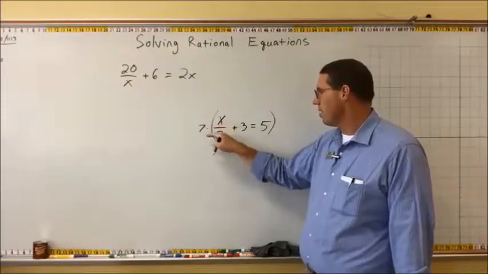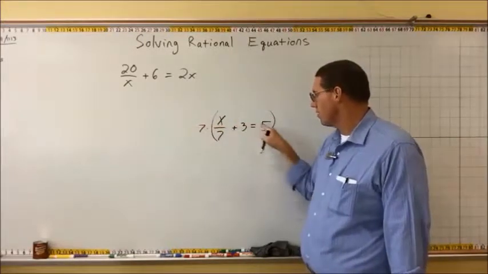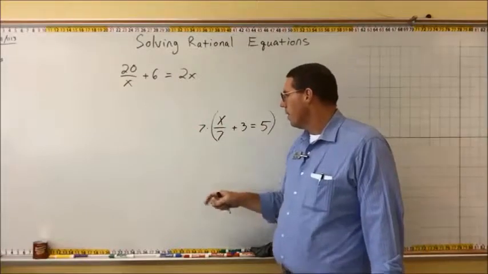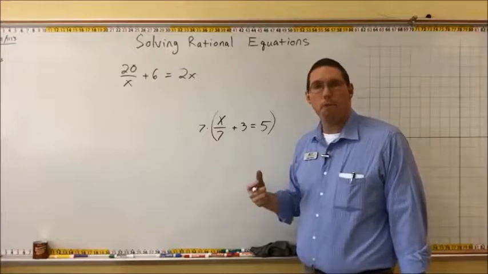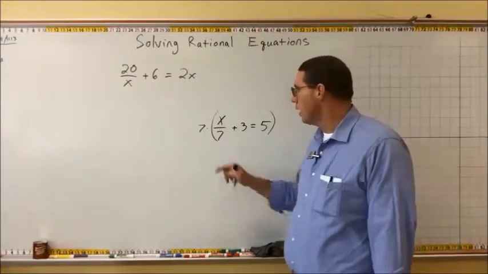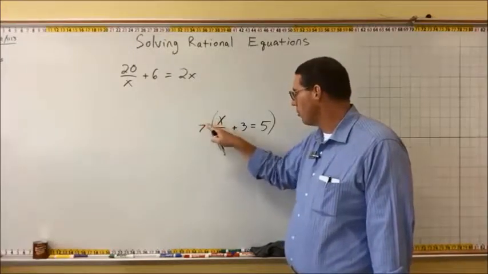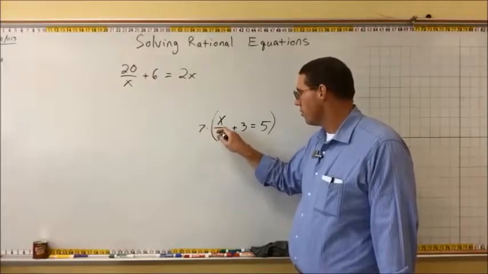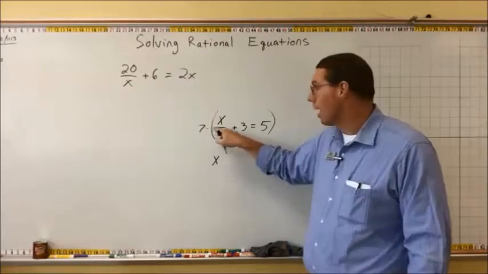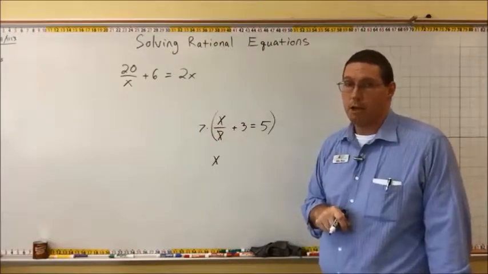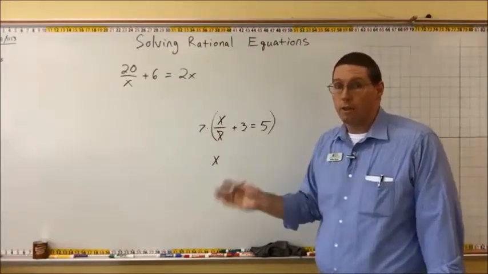So 7 times this, 7 times this, 7 times this. Anytime you multiply by a denominator, you can either multiply by the numerator or cancel the denominator. Here we cancel the denominator, leaving x. We're not going to cancel the denominator and multiply 7 times x. You can't do both. You've got to do one or the other.